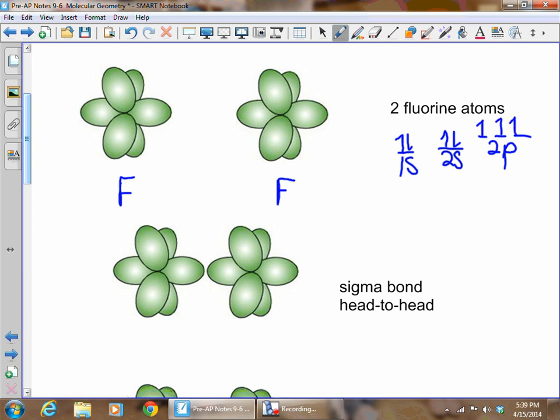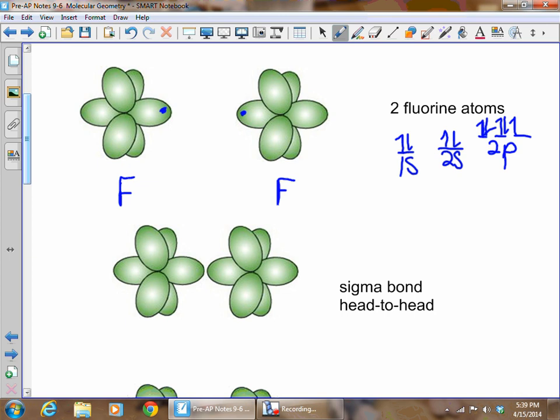In the 2p, there are 5 electrons, which leaves us an orbital that only has 1 electron in it. So 5 valence electrons for each of these fluorines. Let's imagine that that single electron is in the px orbital, the one that's on the x-axis.